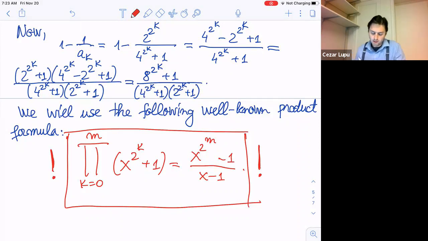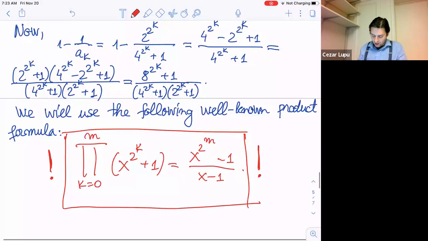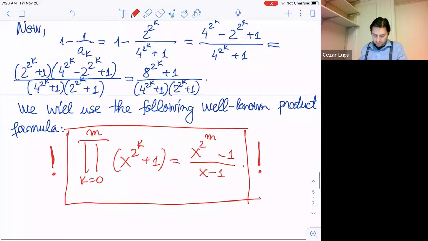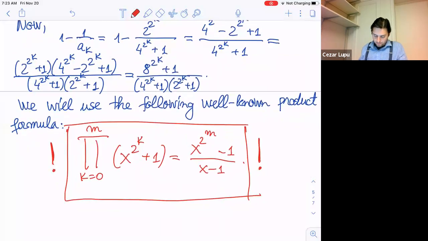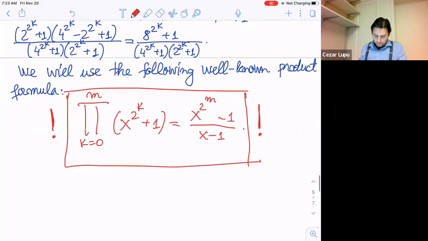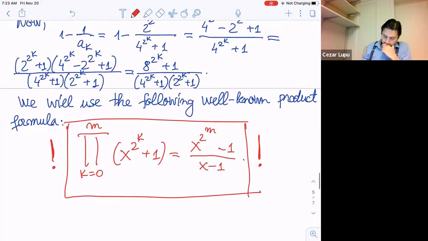Anyway, it's pretty easy to see. But that's a good identity to know. And as you can see, it will be very useful here. So let's figure out how we are going to apply it in this situation. So let's see. I know this guy here. So this guy is this guy.